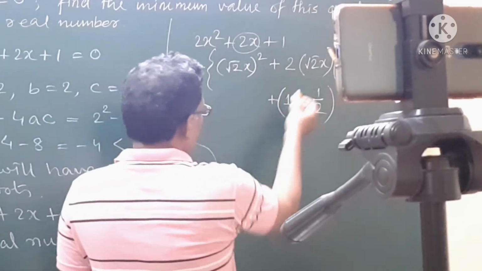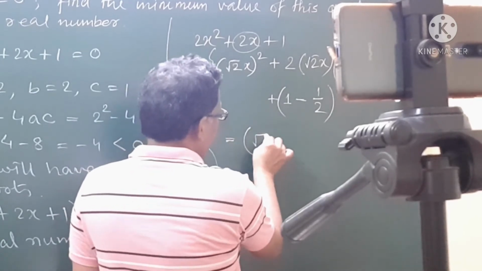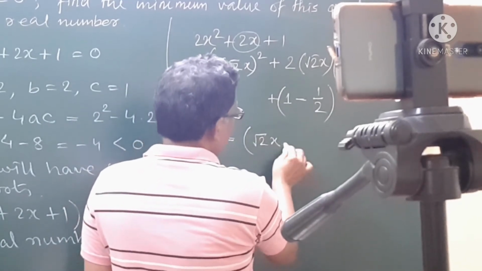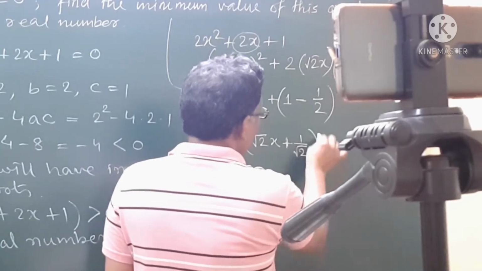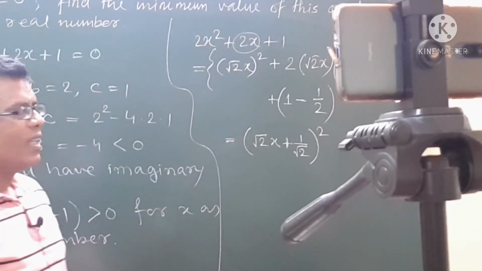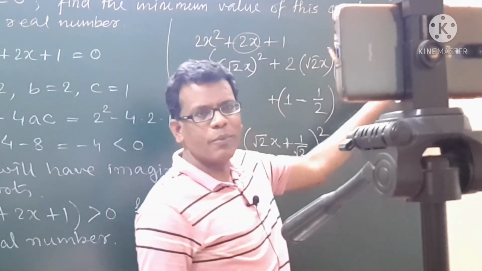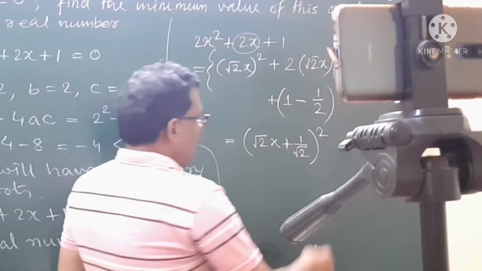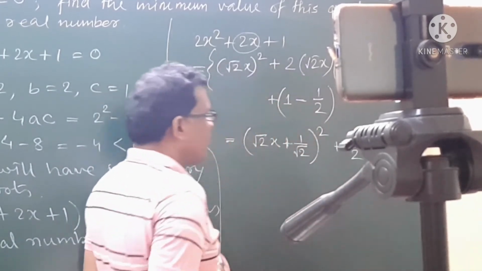So the first part, that is under the second bracket, can be written as root 2x plus 1 by root 2 whole square, such that this is a square plus 2ab plus b square, isn't it? And the rest part is 1 minus 1 by 2, which is plus half.